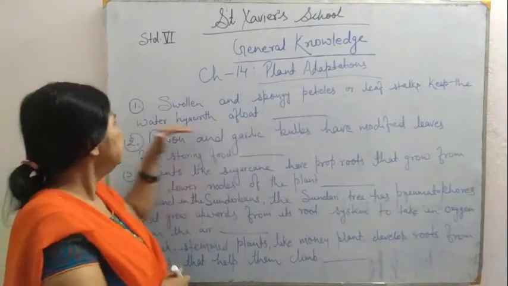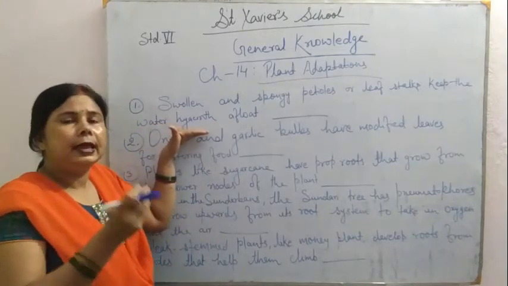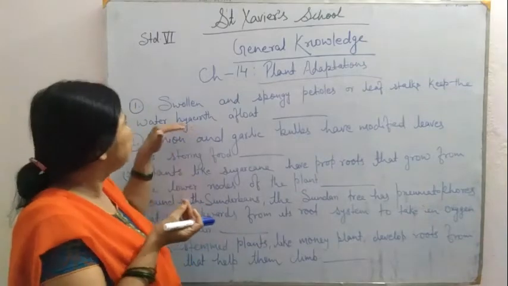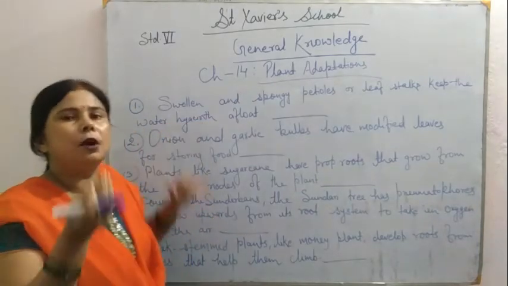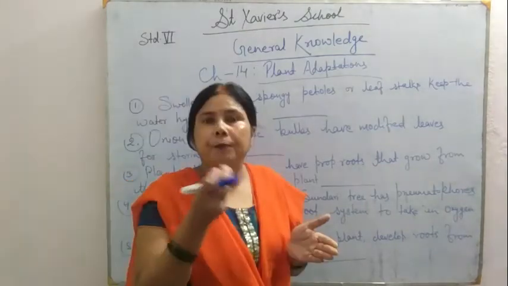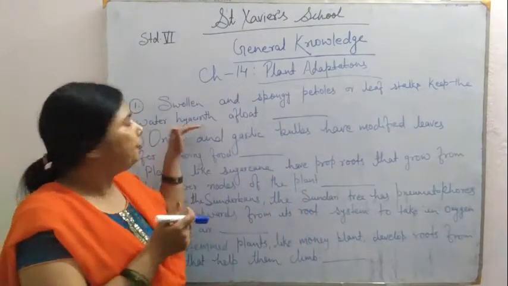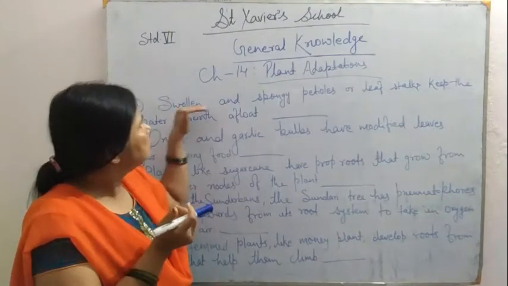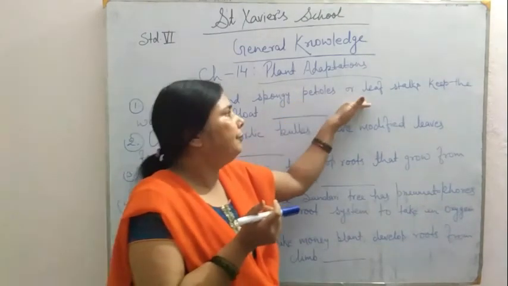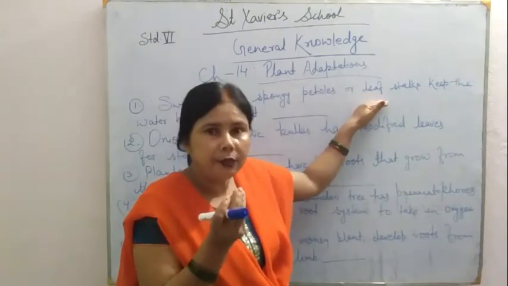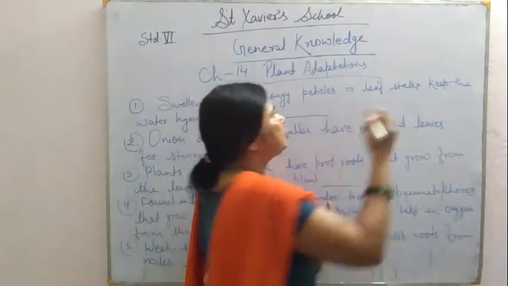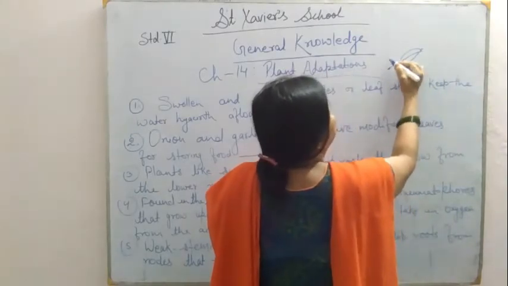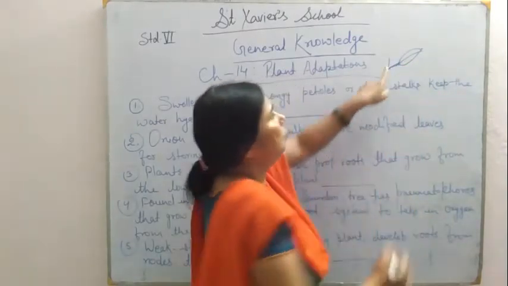afloat. Children, water hyacinth is a plant also known as jalkumbhi. Actually, this plant floats on the surface of water. And what makes it float on the surface of water? Actually, the petioles or leaf stalks. Do you understand petioles? Actually, the stalk of leaf, this is a stalk by which it is connected to a stem.